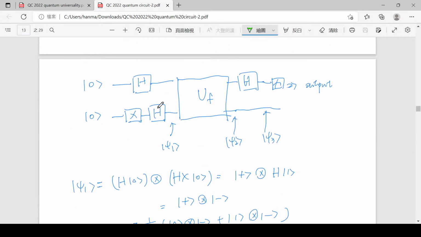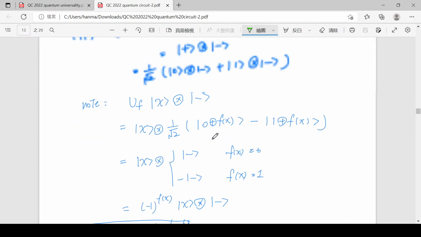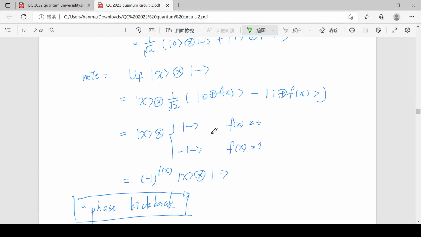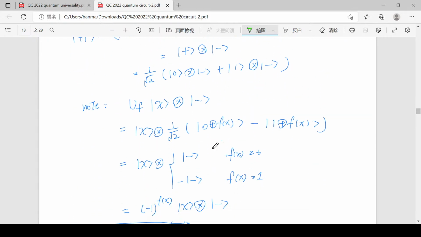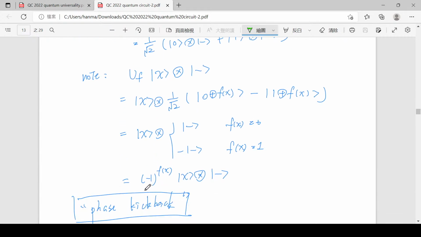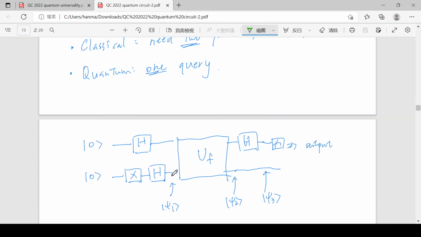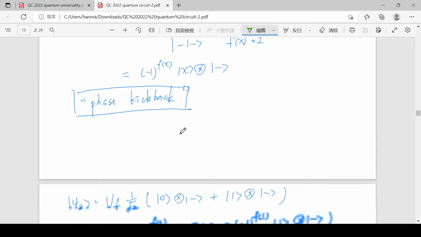If you have a binary output and you put a minus state on your record register, then you can ignore the record register, and your query just puts (-1)^f(x) on the input. It's a global phase, but since we ignore the record register, it's like a phase on the input register. So you kick a phase from the record register onto the input register.